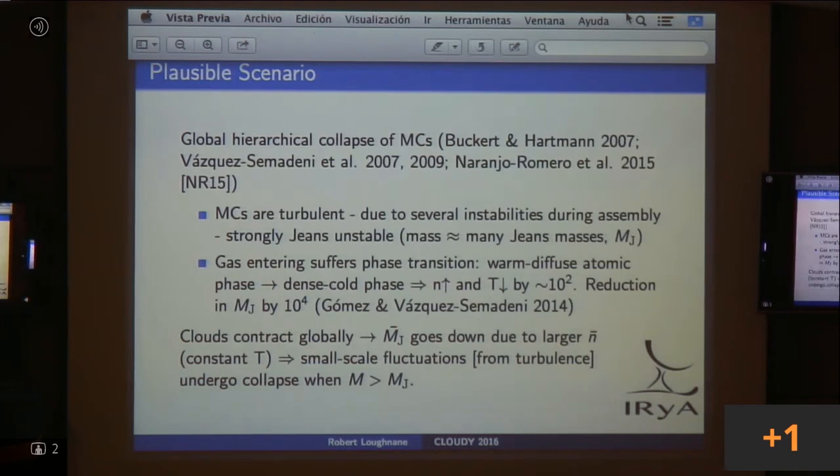So clouds are all the time globally contracting. Their Jeans mass goes down since the average density increases, with a roughly constant temperature. Small-scale fluctuations are created from the turbulence, and they naturally undergo collapse when the overall mass of the fluctuation exceeds the Jeans mass.